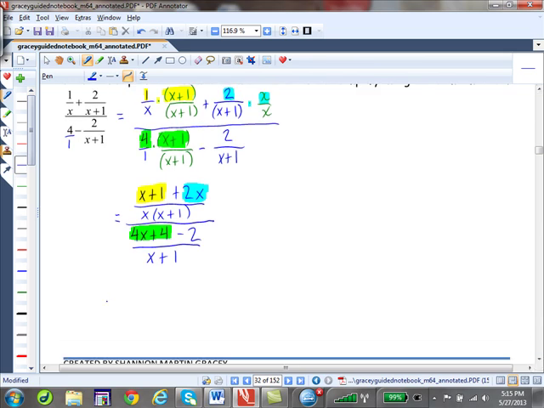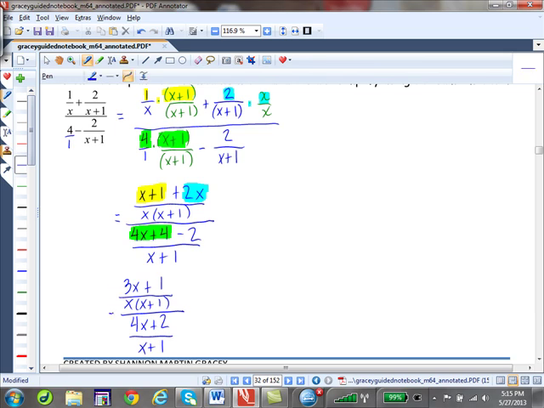Okay, so here we go. We're getting closer. We'll have 3x plus 1 when we combine that first numerator, and that's over x times x plus 1 divided by 4x plus 2 over x plus 1.